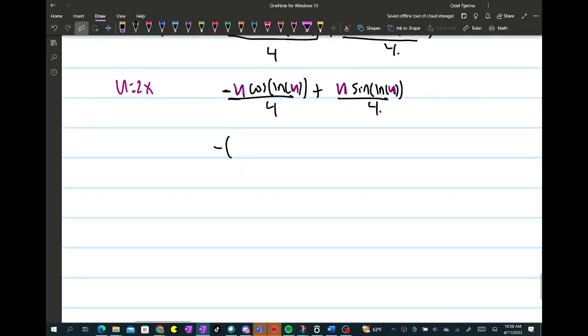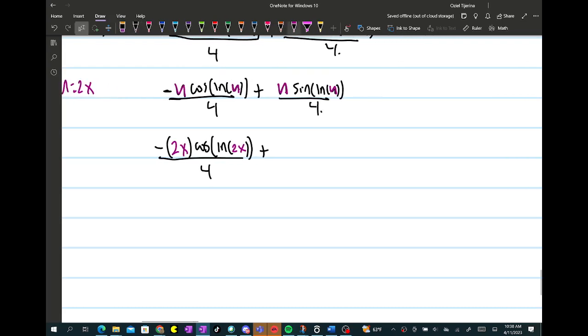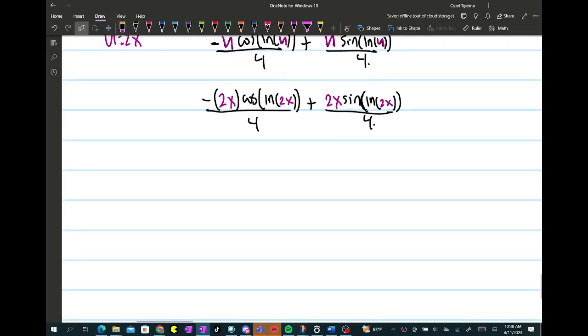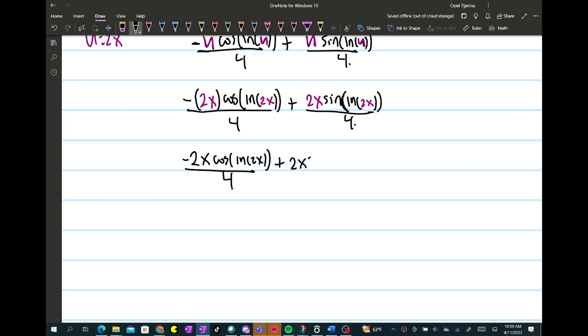So it's going to be negative 2x cosine of ln of 2x, all over 4, and then plus 2x sine of ln of 2x all over 4, right? Okay, so this is negative 2x cosine of natural log of 2x over 4, plus 2x sine of ln of 2x over 4.